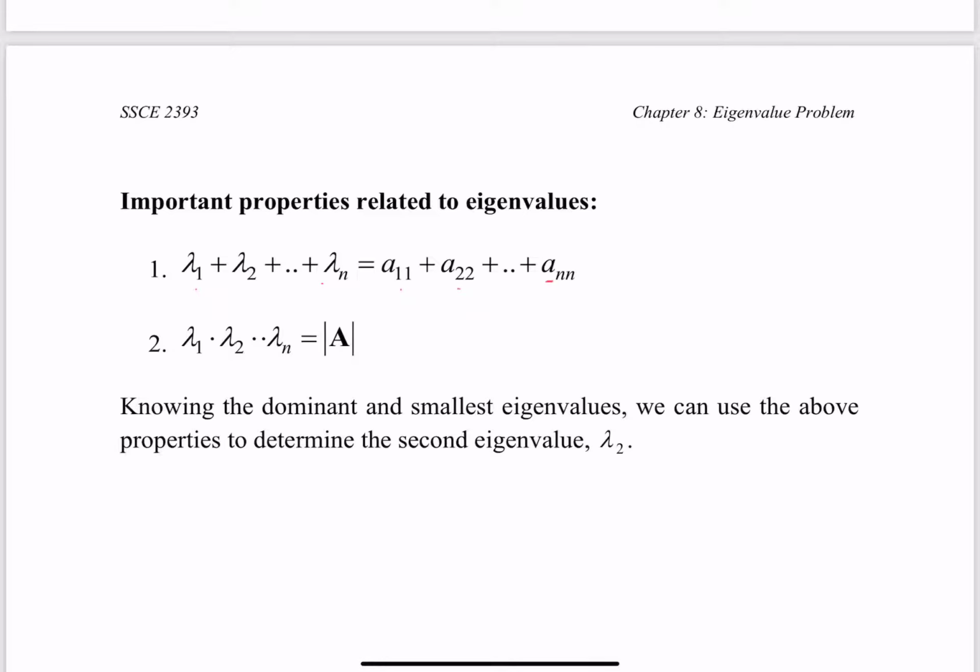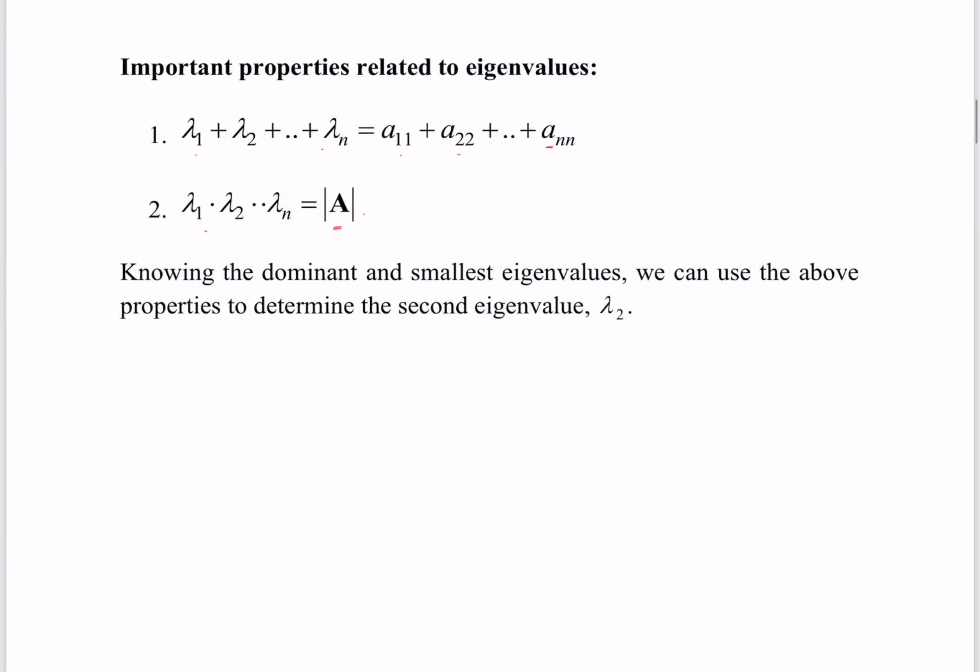Property number 2, the product of the eigenvalues is equal to the determinant of the matrix A. By knowing the dominant and smallest eigenvalues, we can use these properties to determine the second eigenvalue.